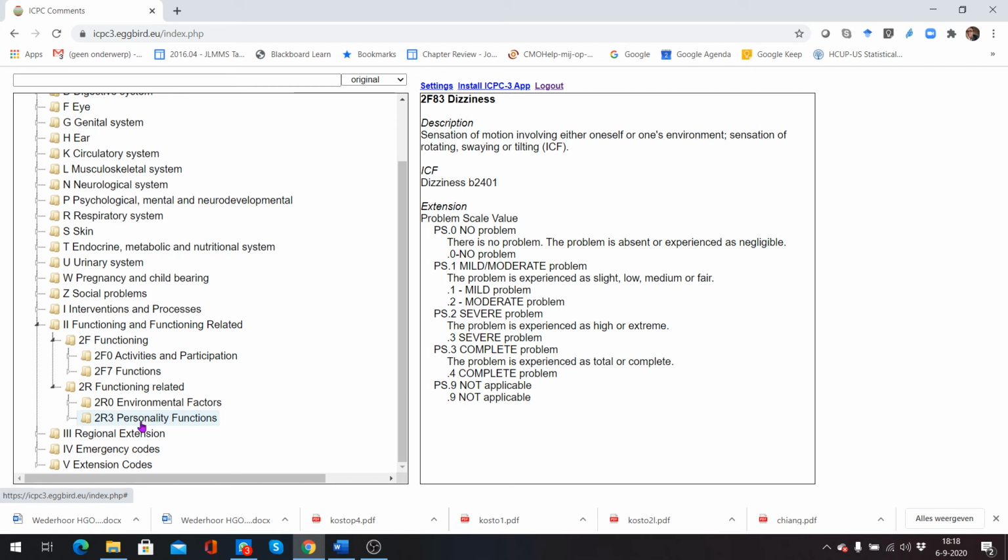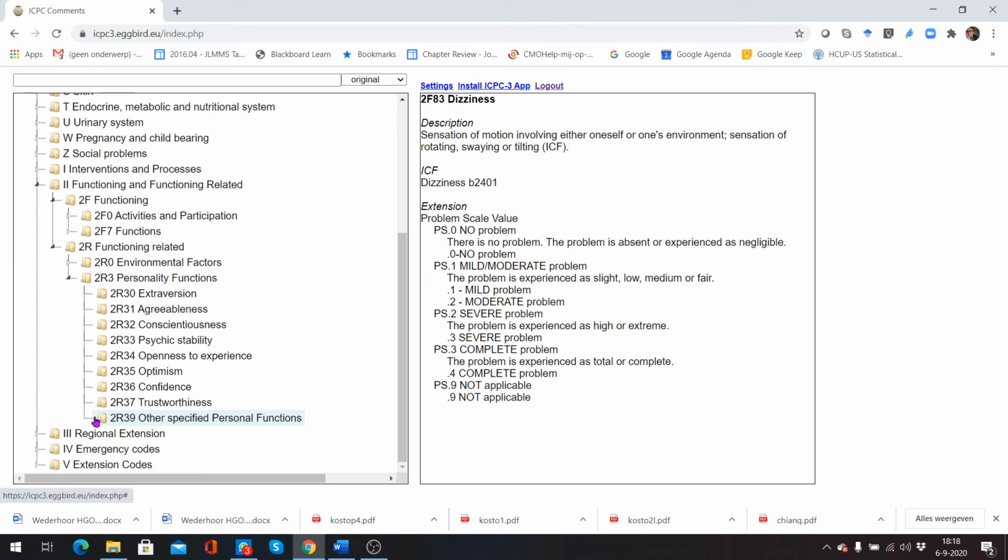The registration of the personality functions, such as, for example, extraversion or psychic stability, in the context of one person's health may only be used if they are provided by the person themselves and only with permission for use or reuse. And these classes are not intended to express the caregiver's opinion about a person.